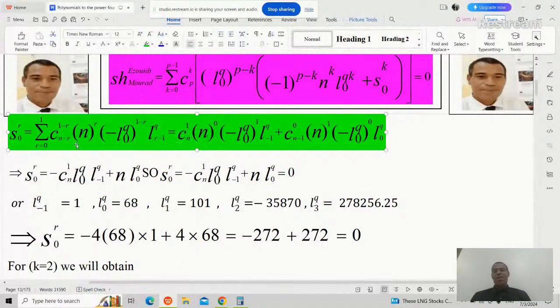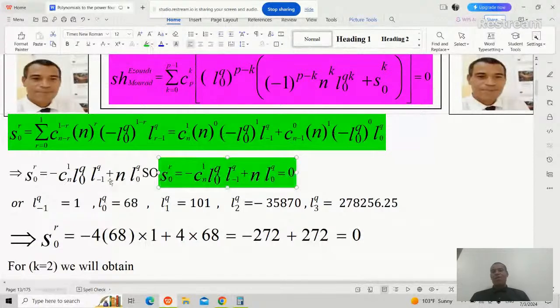When r equals 0 and r equals 1, you'll obtain combination n choose 1, in fact, n raised to the power 0 is 1 times negative L0 of order q raised to the power 1 times L minus 1 of order q, plus, when r equals 1, we will get combination n minus 1 choose 0, n raised to the power 1 times negative L0 of order q raised to the power 0 times L0 of order q.